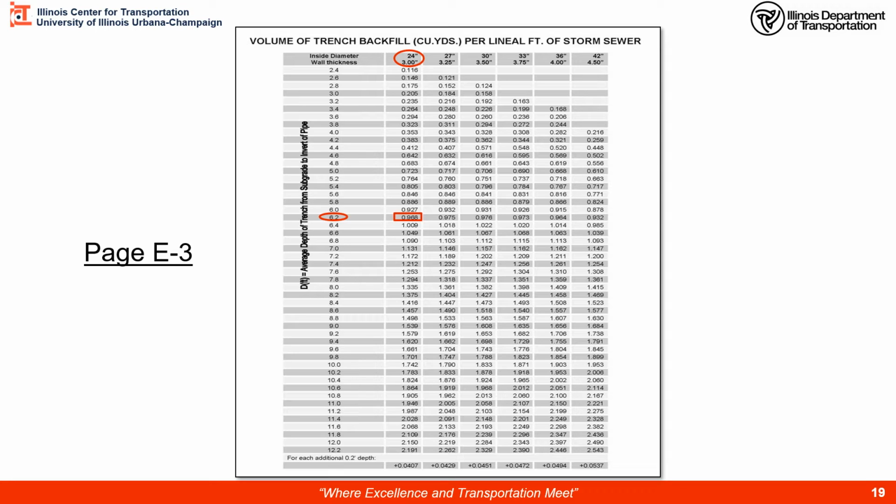So 3 inches is the wall thickness. Our D dimension was 6.2. So that's where we came up with the 0.968 cubic yards per linear foot of run that was used in our calculation.